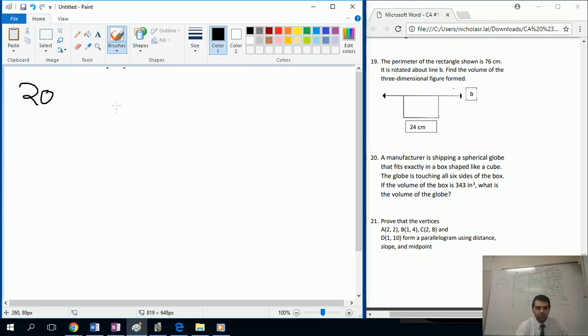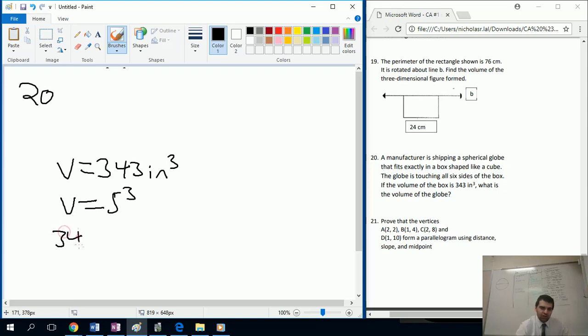So here, let's do some algebra first, and then we can draw it. The volume is equal to 343 inches cubed, and that's the volume of the box. So the volume is also equal to the side length cubed. That's how cubes work. The volume of a cube is equal to side length cubed.